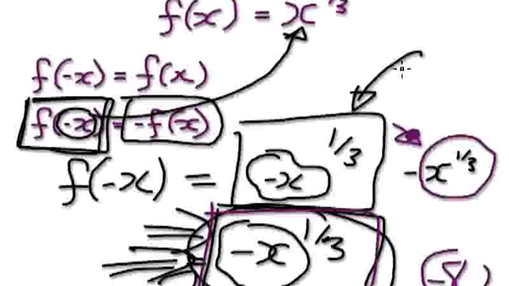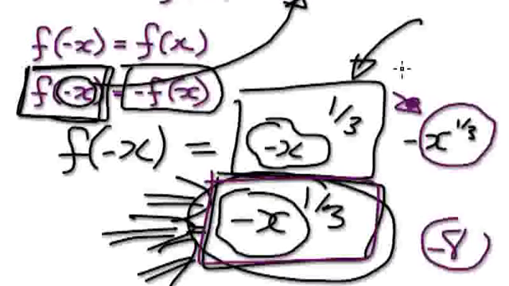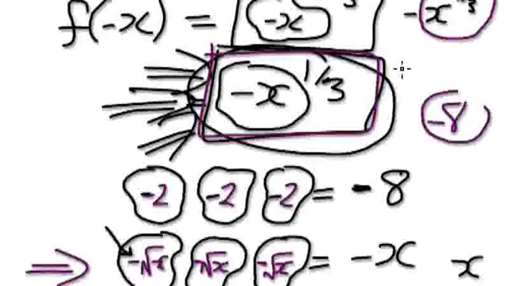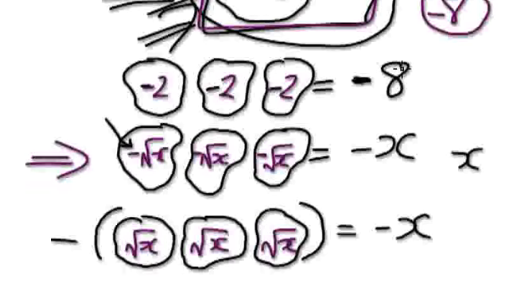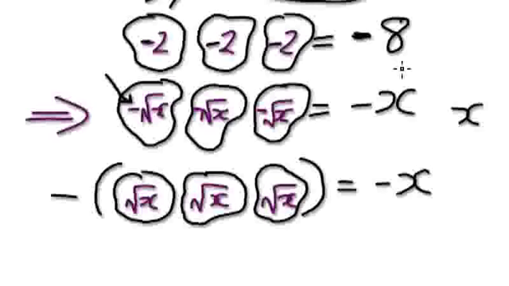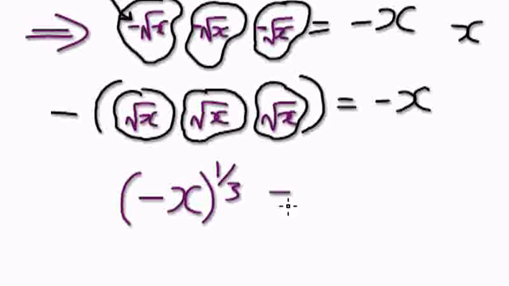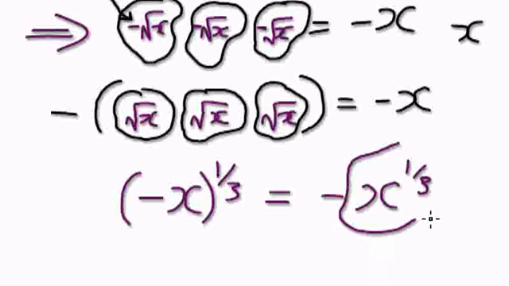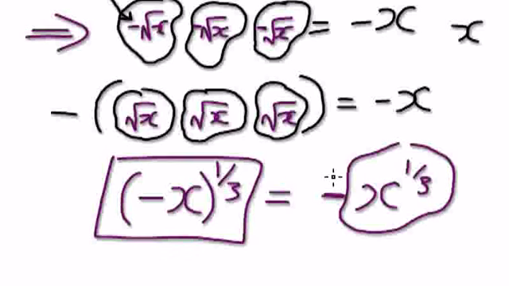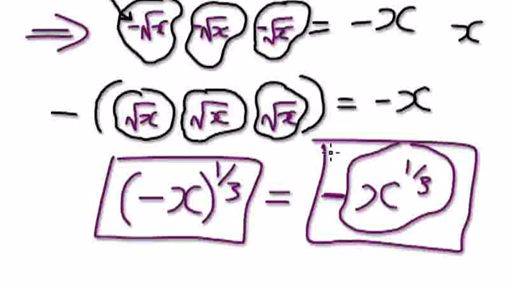So I'm just going to scroll this through for you so that you can sit there and stare at this until it makes sense. I know it sounds a bit weird, but my point here is that minus x to the power of a third here is actually this. So this here is x to the power of a third, and it's a minus. This thing here does actually equal this thing here.